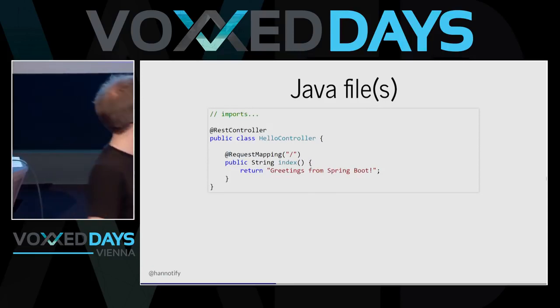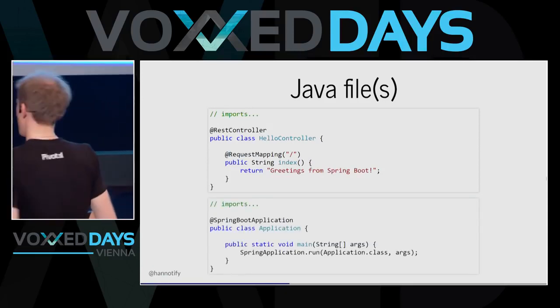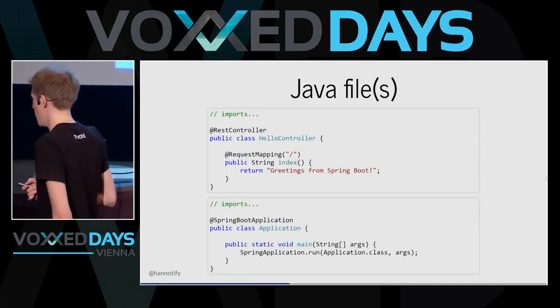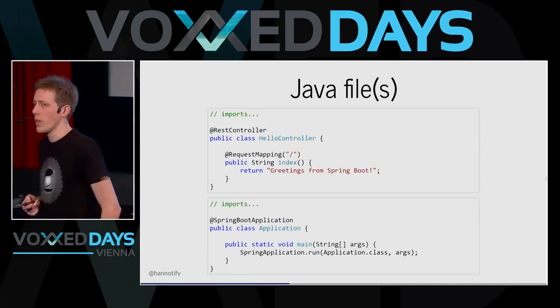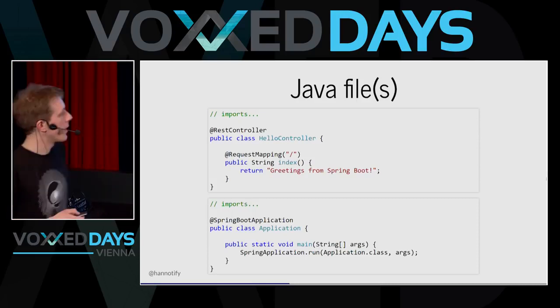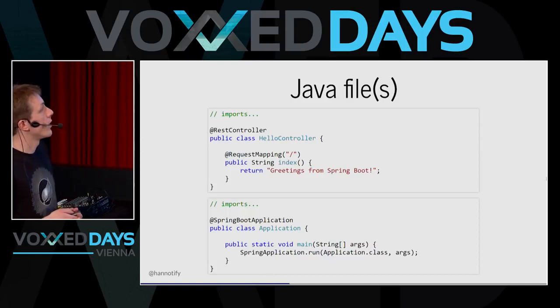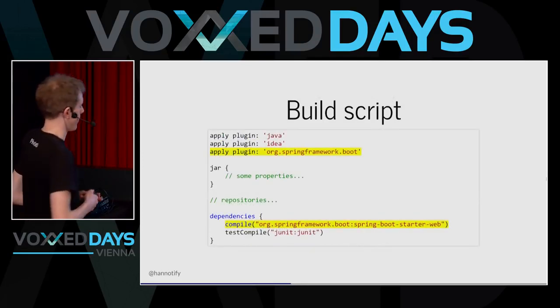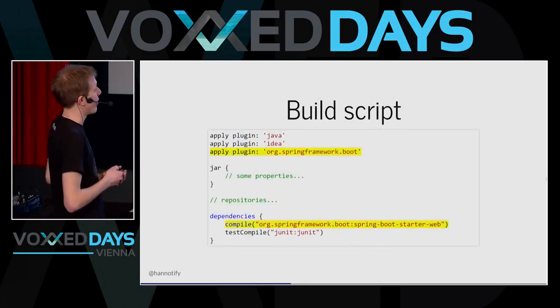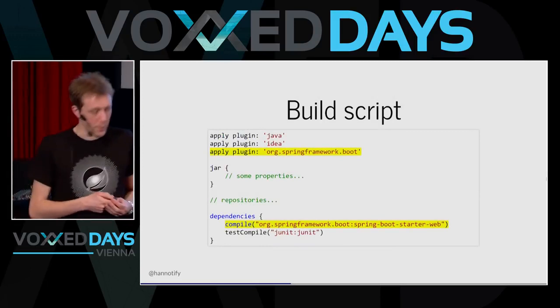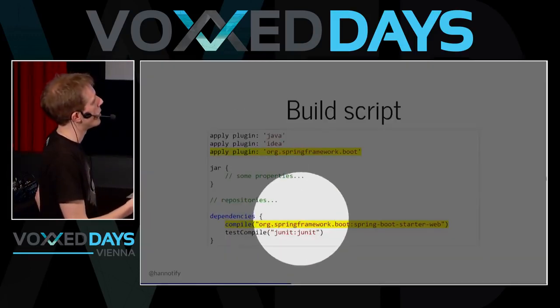This one is a REST controller, and you would need an application class to do the quick assembly and to start up the whole thing with a main method, and you would need a build script with a few compilation dependencies. Well, everything you need would be right here.